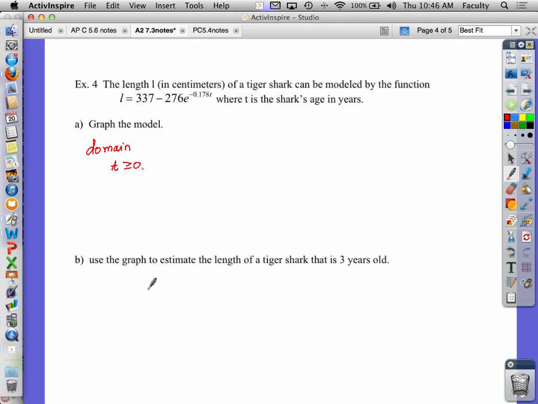But anyway, if you want to estimate the length of the tiger shark that's 3 years old, let's see if we can do this, and this is really a calculator crunch. Do 337, and you can do this in one row on your calculator. Just make sure you're entering the exponent correctly. I got 175.2 centimeters.